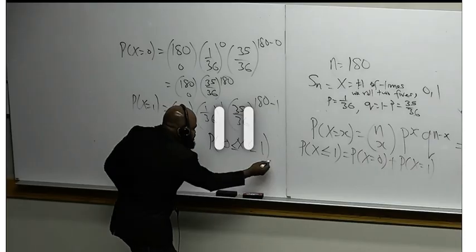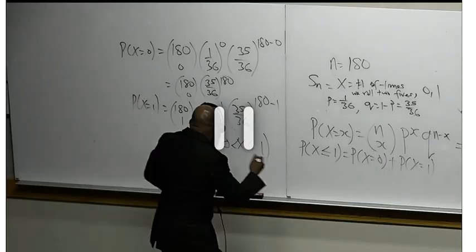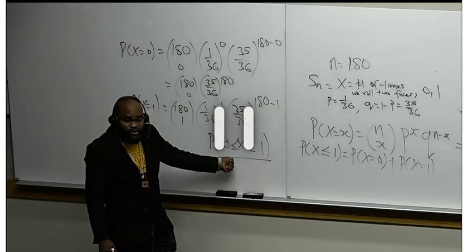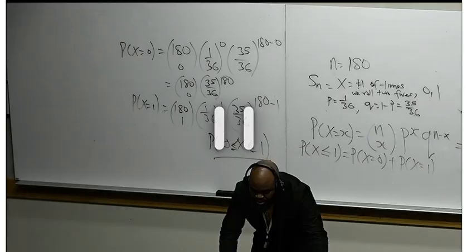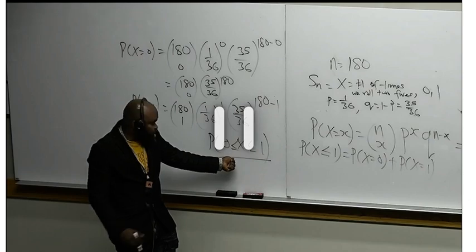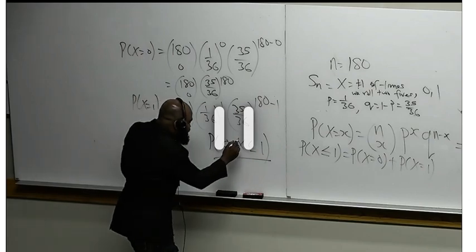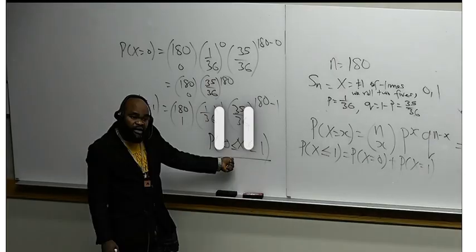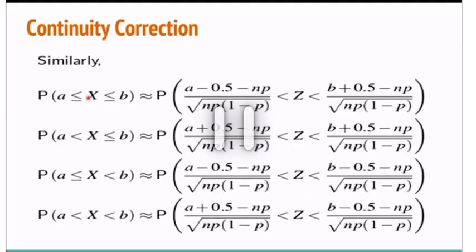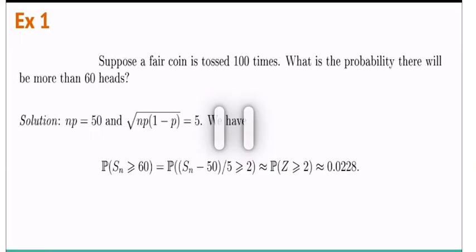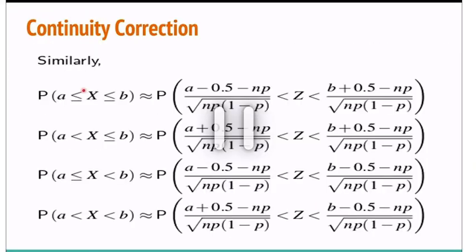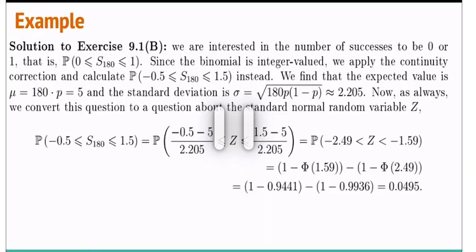In that situation, if I want to use normal approximation to binomial, then I have to apply a continuity correction. You can see less or equal to, so I'm going to go back first to my table of continuity correction. Take a look at number 1. Can you see number 1, less or equal to?